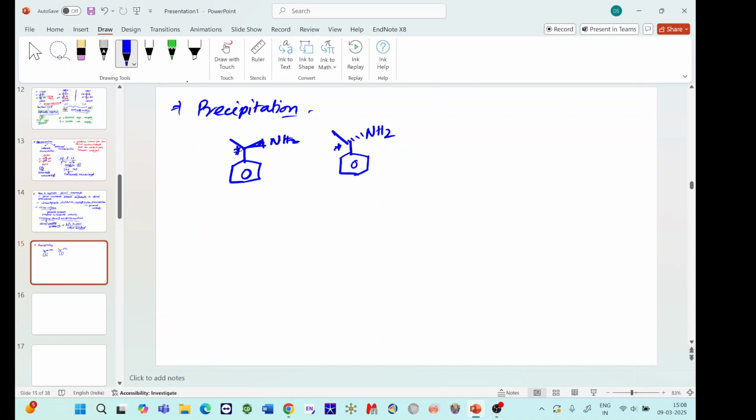If you react with some acid, RCOOH, you can have two different adducts, the acid-base salts. We will have one salt like this, NH3+ RCOO-, and another NH3+ RCOO-.